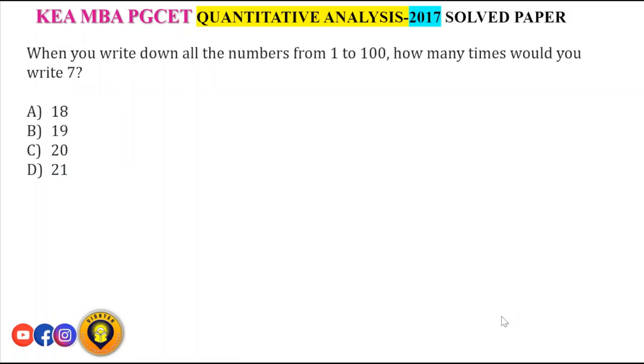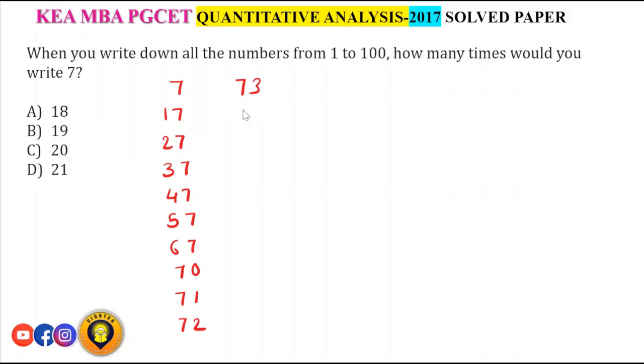When you write down all the numbers from 1 to 100, how many times would you write 7? Say 7. In 17 also there is 7, in 27 there is 7, 37, 47, 57, 67, then 70, 71, 72, 73, 74, 75, 76, 77, 78, 79, 87, 97.